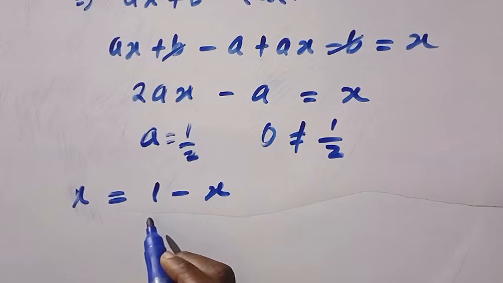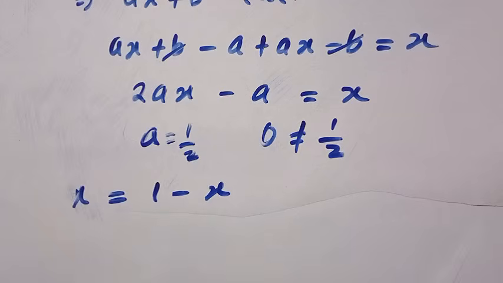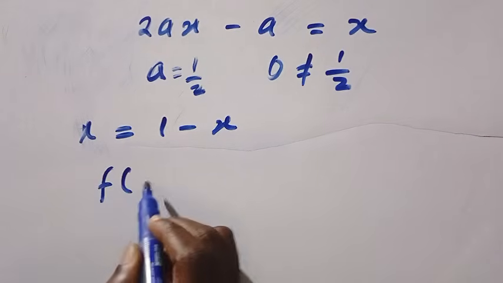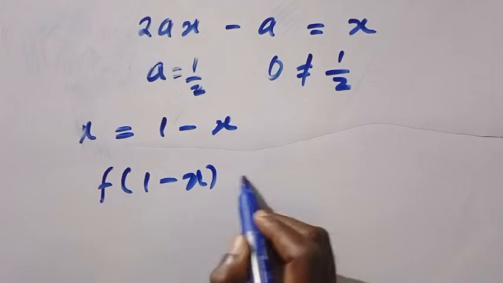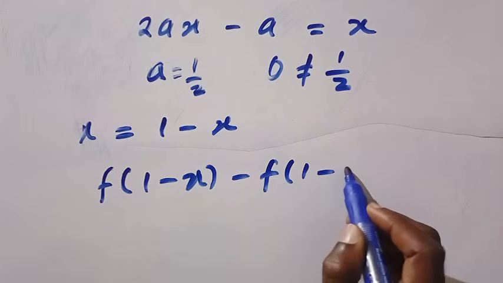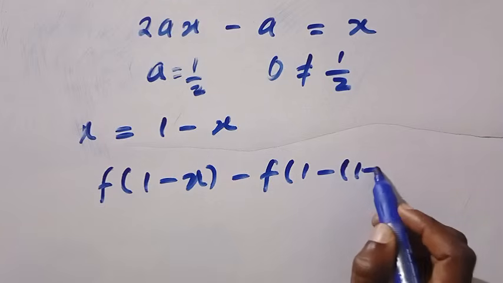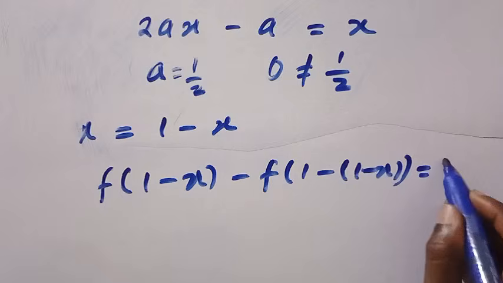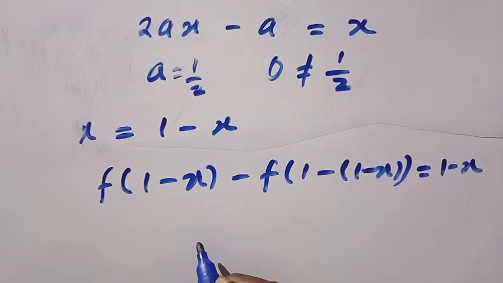So by replacing x with 1 minus x in the first equation, we have f of 1 minus x minus f of 1 minus (1 minus x), which equals 1 minus x.